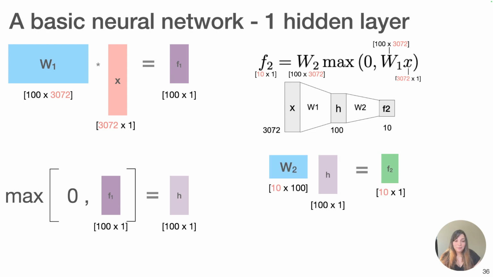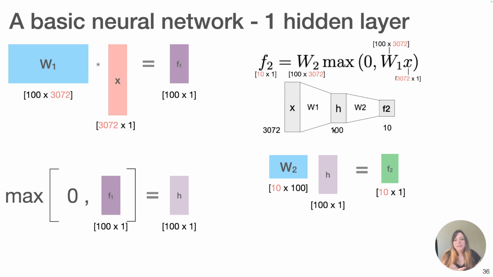You have W2, so you multiply W2 times H, and H, as we said, is 100 by 1, and W2 has to be 10 by 100: 10 because you have 10 classes in your CIFAR dataset, and 100 because we've already defined that our hidden layer has 100 elements. So finally we get 10 numbers, so F2 is a vector of 10 rows and 1 column. And this is it. These are the computations we do for a simple one hidden layer neural network.